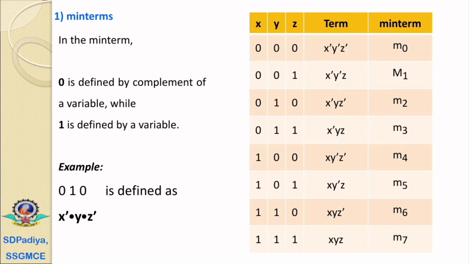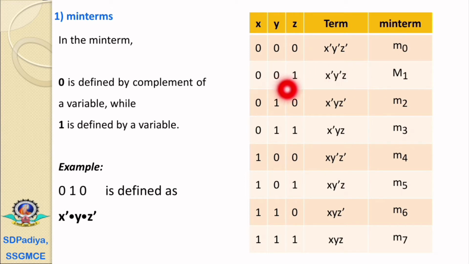Now if we find the min terms for these, the first is x dash, y dash, z dash, because 0 means complement of a variable: x complement, y complement, and z complement. The decimal conversion of 0, 0, 0 is 0, therefore its min term is small m0.